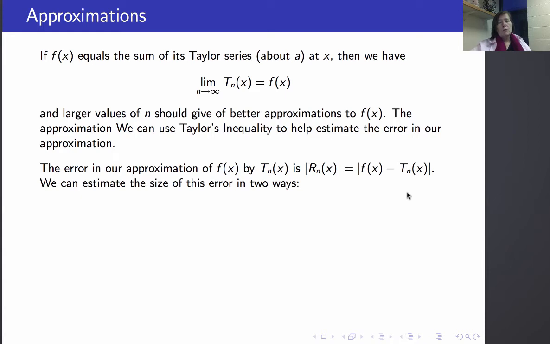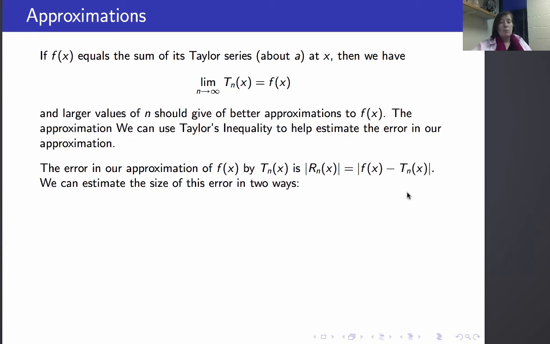So we knew from before, from the last section, if f(x) does actually sum to its Taylor series about a, or for values of x near a, then the limit as n goes to infinity of the Taylor polynomial evaluated at x has to be f(x).